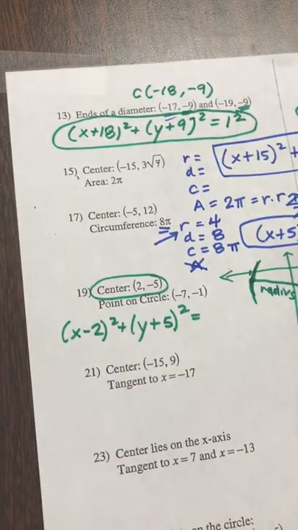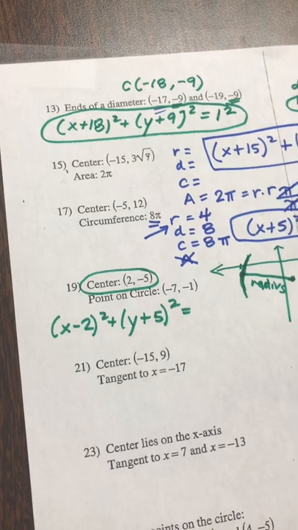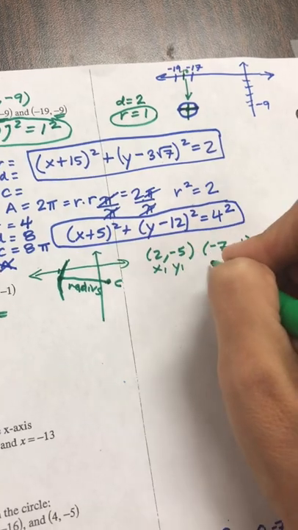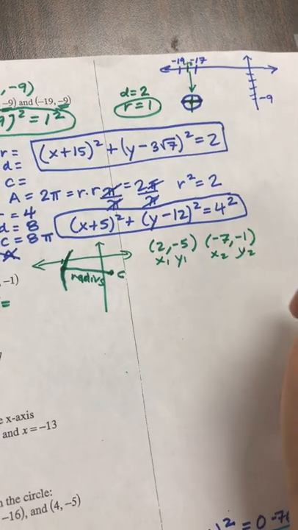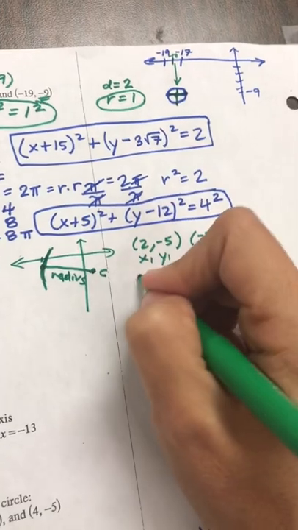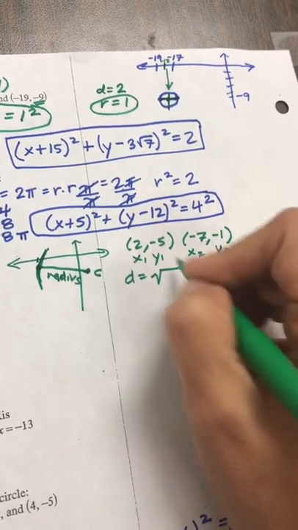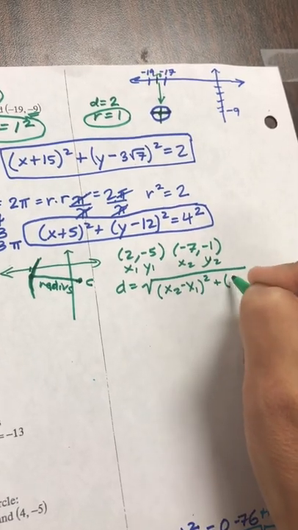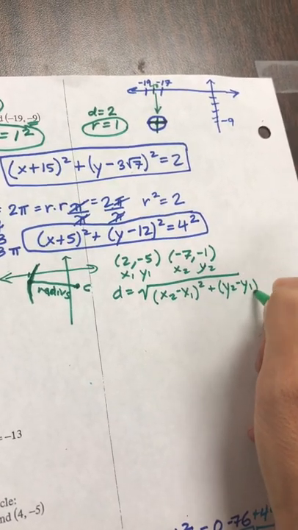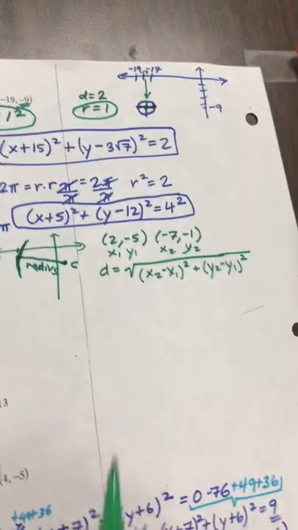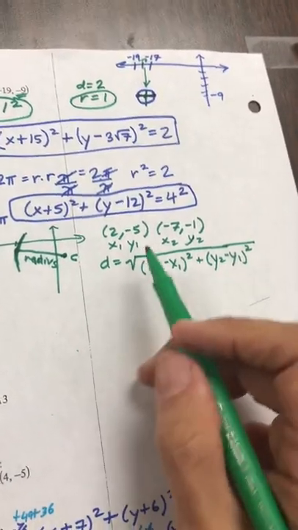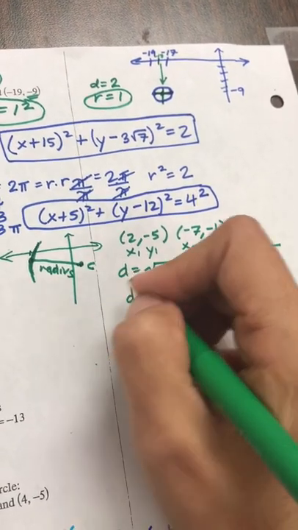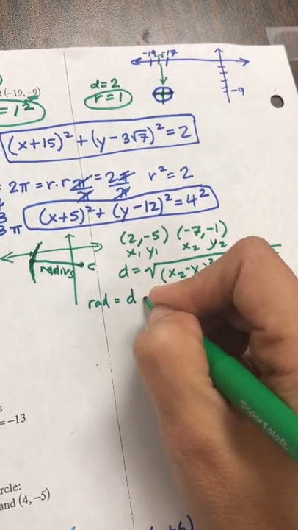The distance between these 2 points is you subtract the two x values in any order, it doesn't really matter, and subtract the two y values in any order, then square them, add them to each other, and take the square root of the whole thing. And that's not my diameter. The distance between those is my radius.